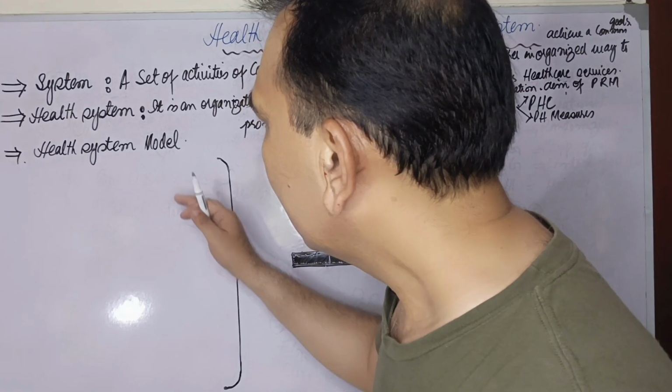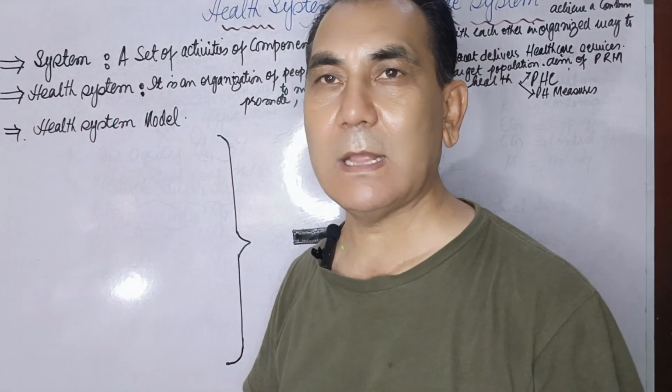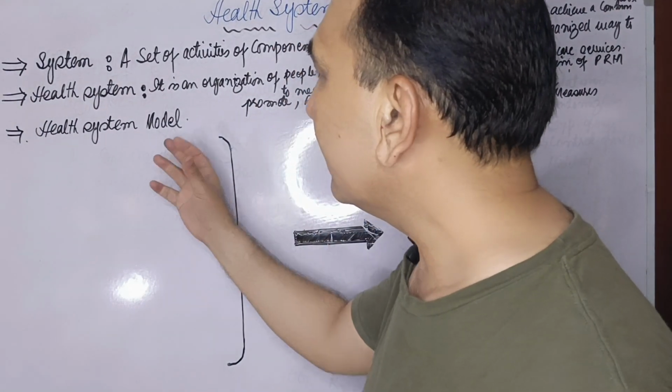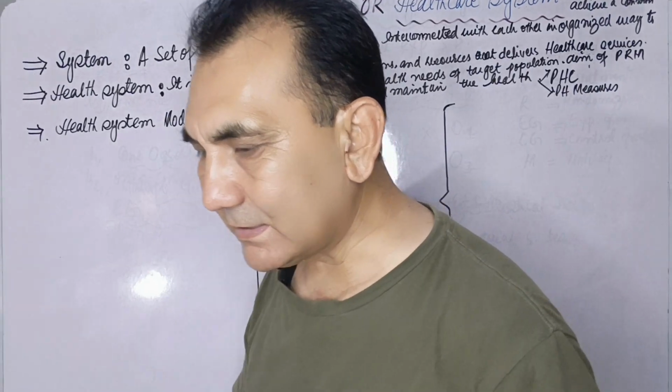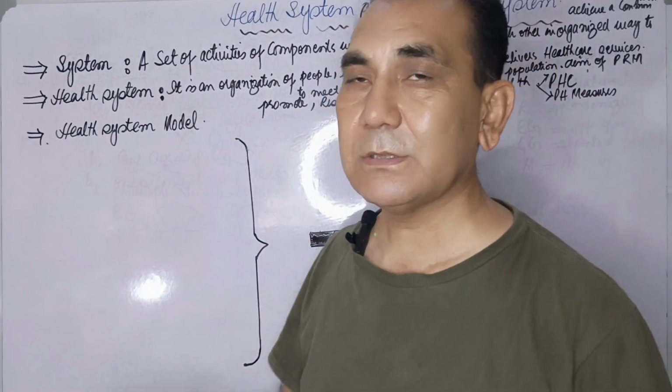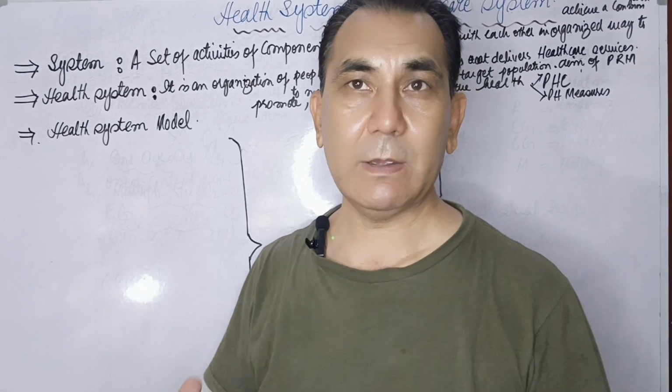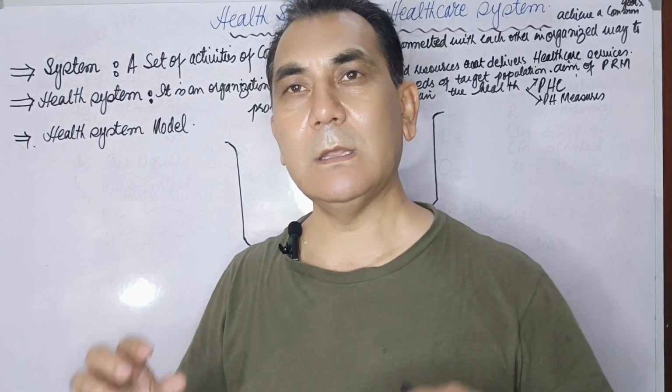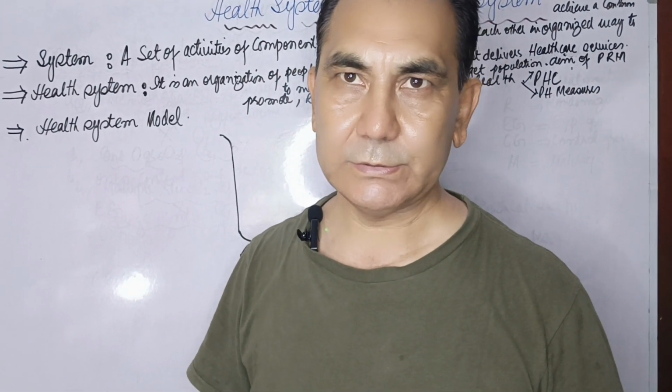Now we come to the health system model. What is the health system model? The healthcare delivery system model consists of six building blocks. This model is very famous and is applied in every corner of the world.